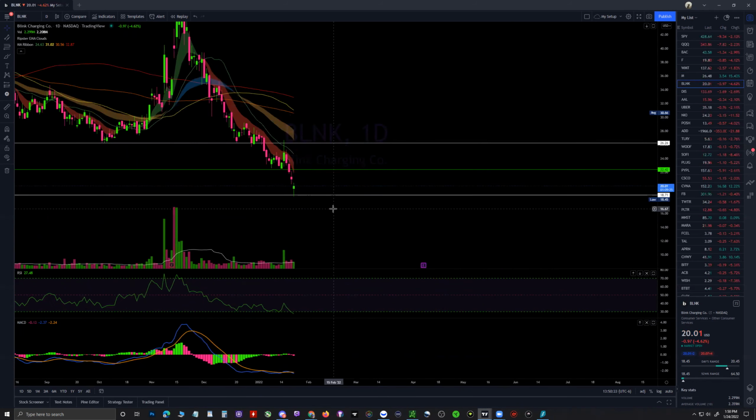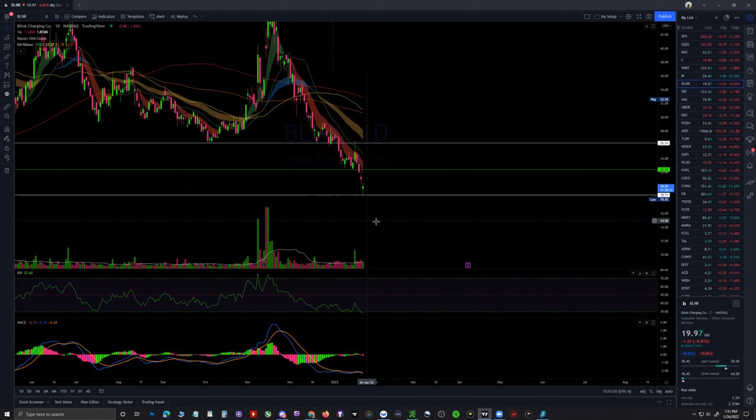We might see a bounce, but then again, I'm a little worried about bounces because we could very well be seeing a dead cat bounce. What a dead cat bounce is basically, when something's falling so hard, it'll have a little bounce and then it'll continue on its downfall. Kind of like throwing a cat off a building and it bounces when it hits the ground. It's still going to die, but you know, that's kind of where that comes from.